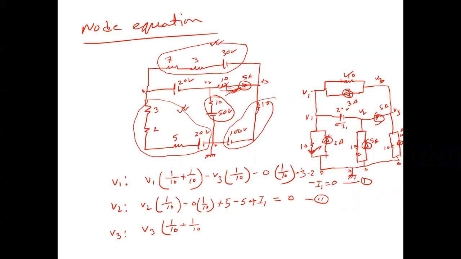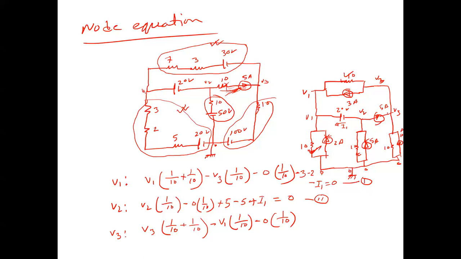Now minus resistance, minus this resistance is also connected to V1, so V1 1 by 10, also 1 by 10, this is the V1, so this finish. This V3 connects to another 0, so minus 0 1 by 10. So this resistance portion is all finished.